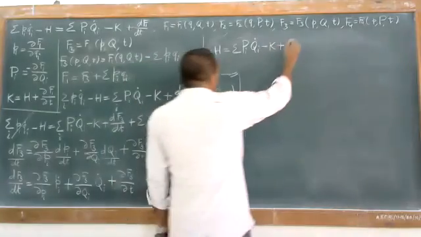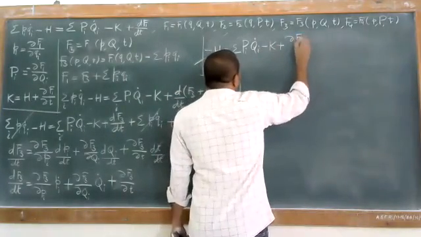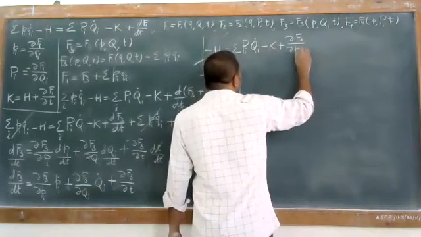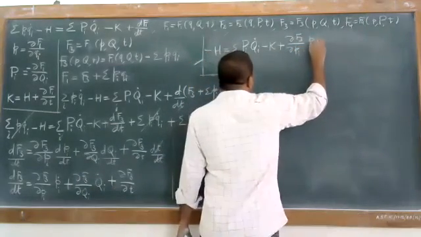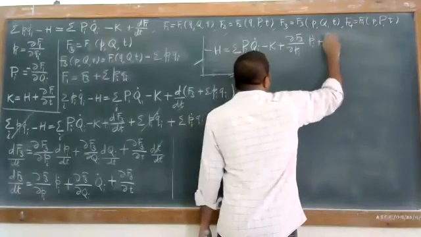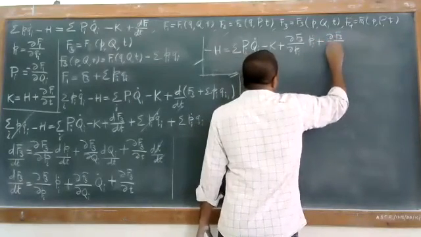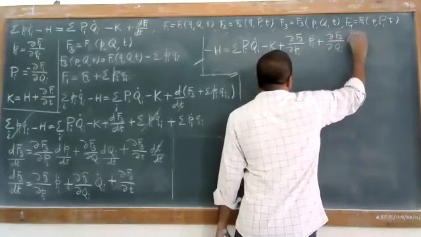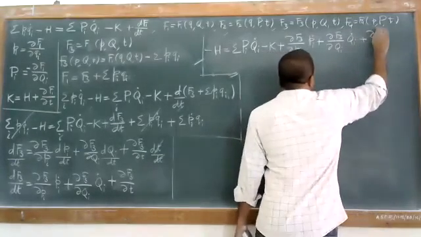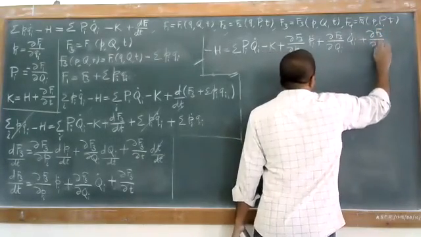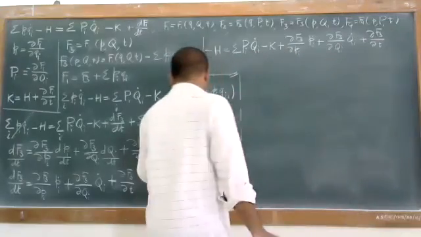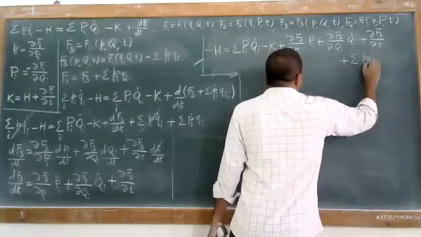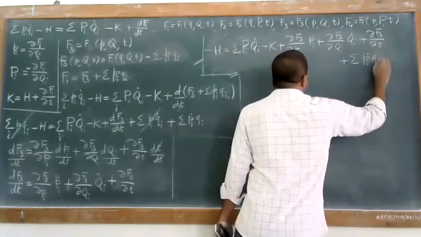Just check it out: partial f3 by partial small p_i into p_i dot plus partial f3 by partial capital Q_i into Q_i dot plus partial f3 by partial t, and there is one more term, plus summation over small p_i dot into q_i.